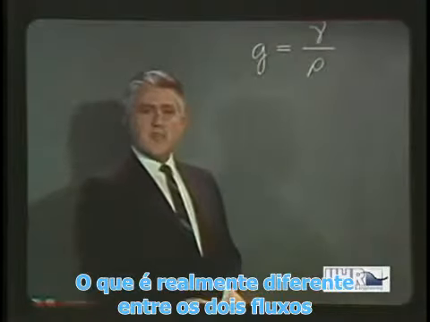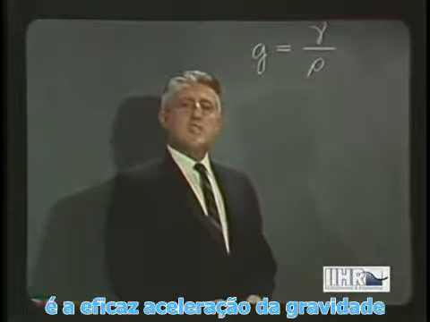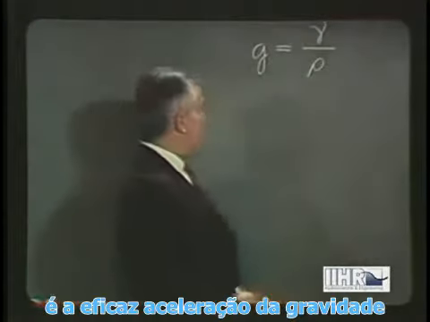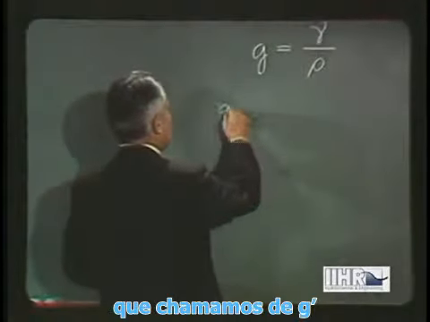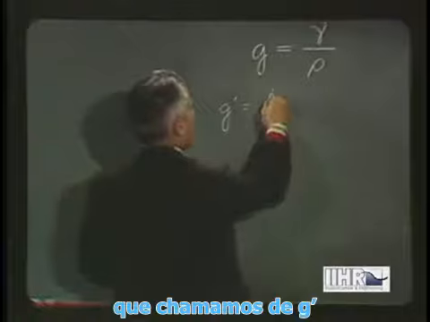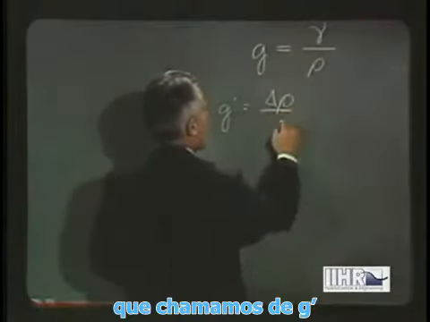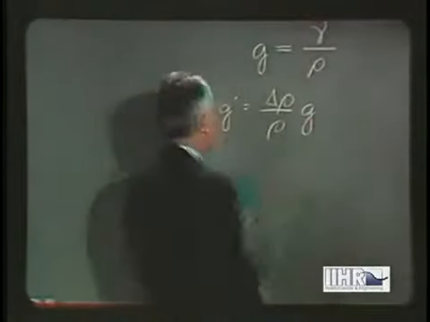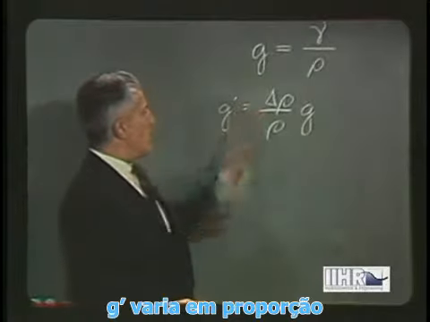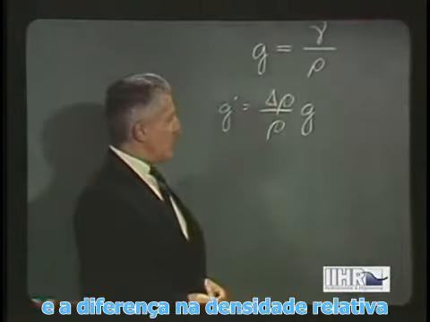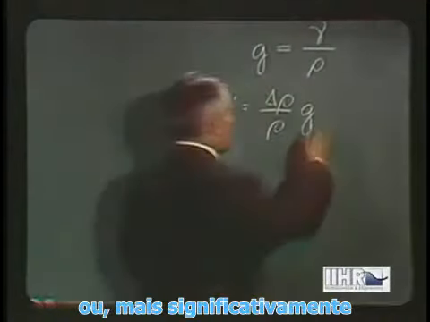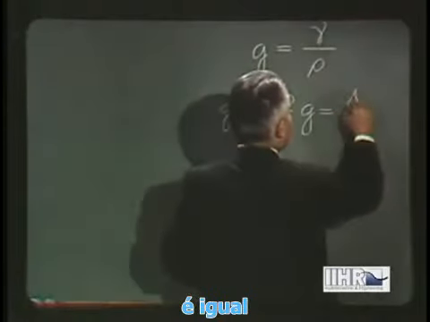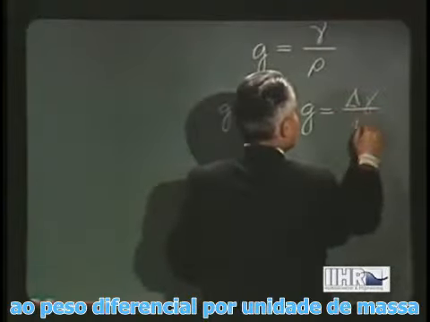What was actually different between the two flows was the effective acceleration of gravity, which we will call G prime. G prime is seen to be proportional to the relative difference in density, or more significantly, to be equal to the differential weight per unit mass.